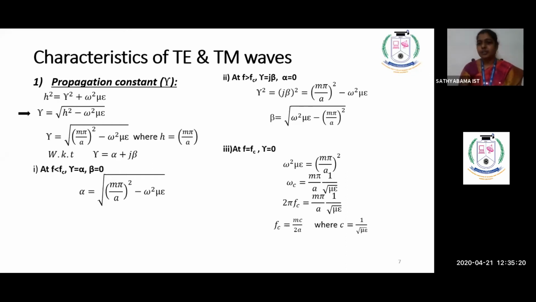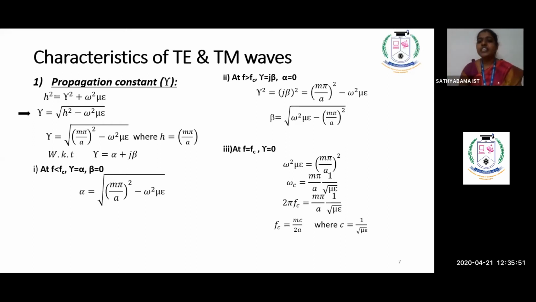When f is equal to fc, the wave starts to cease, so your gamma becomes equal to 0. Neither attenuation nor propagation is going to occur. At this point you will get the critical frequency value. If you see below, after substituting, you will get the value fc equal to mc by a. Mc by a is the threshold value. If this threshold value is properly attained, propagation happens smoothly inside a waveguide.